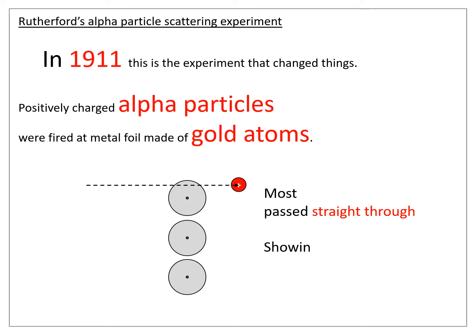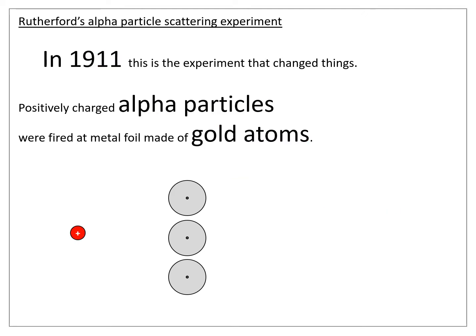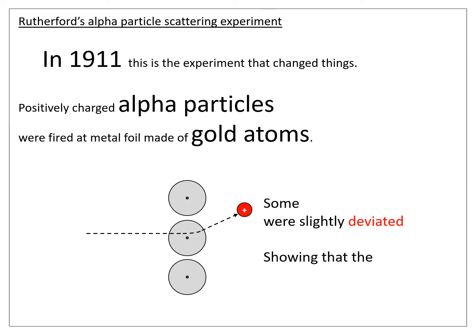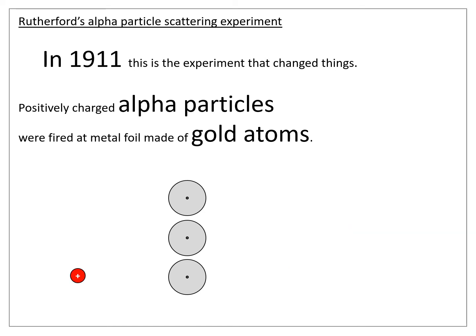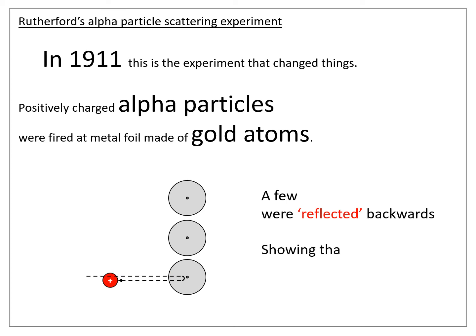Most of them passed straight through, showing that the atom mainly consists of nothing. Some were slightly deviated, showing that the atom had a positively charged nucleus. Whereas a few were reflected backwards, showing that the positively charged nucleus was tiny.